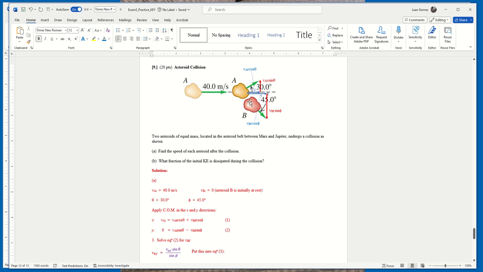Asteroid B moves off with some VB final, at an angle of 45 degrees below the positive x-axis.